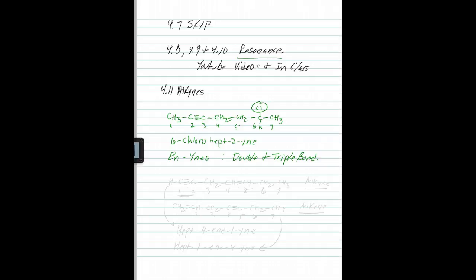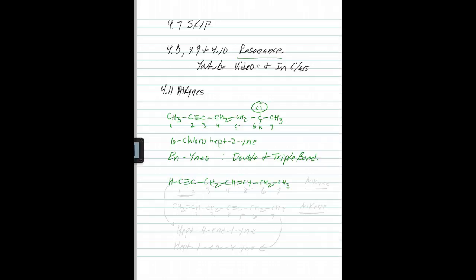Whichever bond, your double or your triple, is closest to one of the ends gets the priority. Instead of writing it down and saying all this crazy stuff, let me just show you an example. It's the best thing to do.